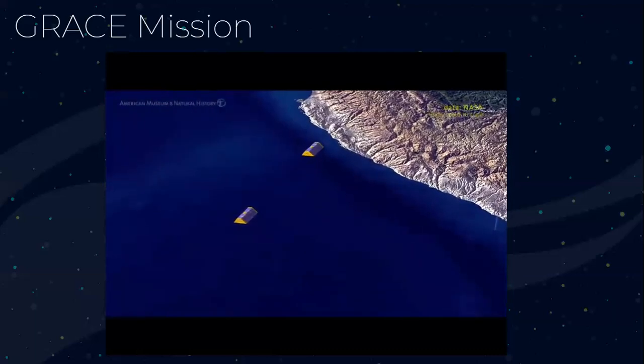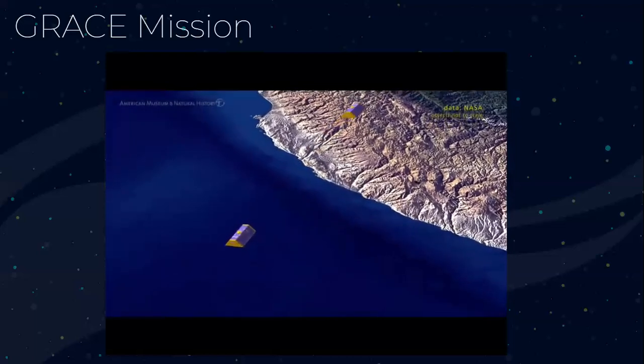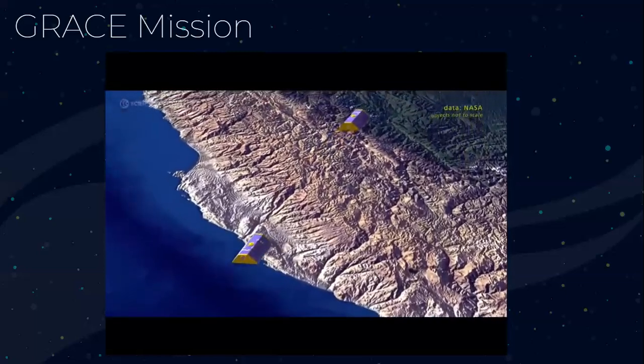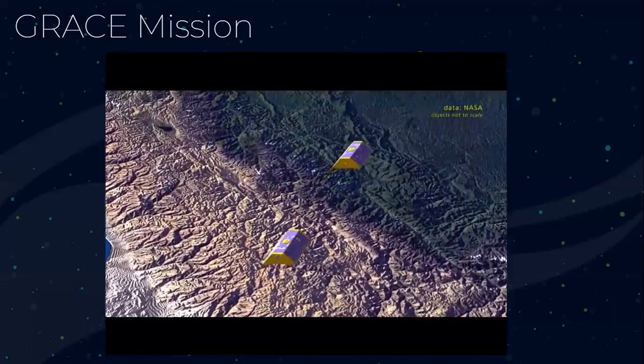So it starts to get pulled toward the mountain. But the second one isn't quite there yet, so the satellites tend to sort of drift apart. Then, of course, as they're leaving the mountain, the second one is still feeling the effect of the mountain. So they come together again. And that sort of dance that the two satellites do as they go around the Earth is what tells us what the gravity field underneath them was.